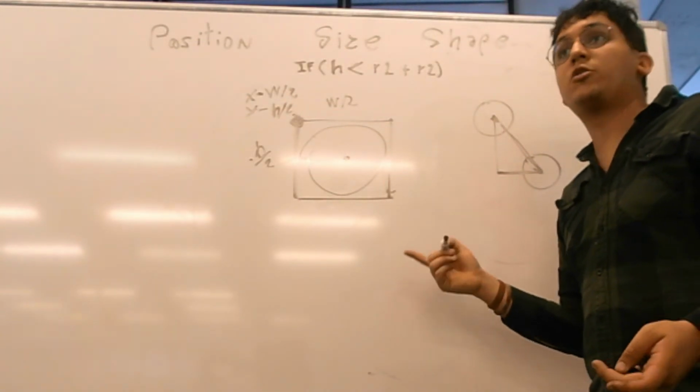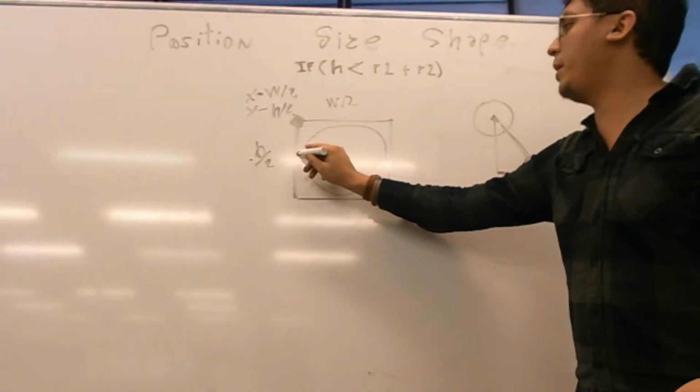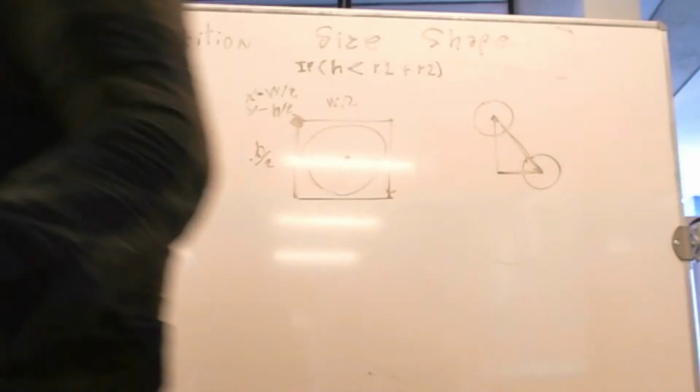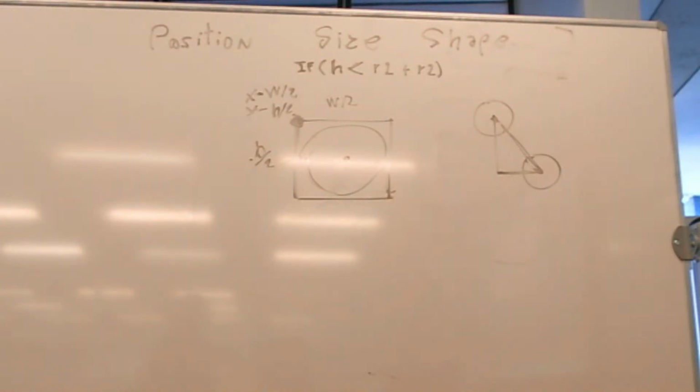Makes sense, right? So we're gonna make it so our game draws things like that first, okay? So let's do that first real quick. I'm gonna make that right now in the program.